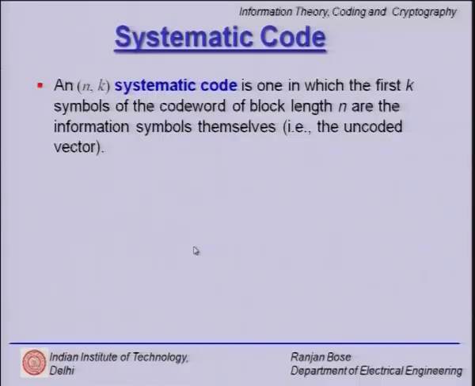Now, we go back to our systematic code, and we have already seen that an n comma k systematic code is one in which the first k symbols of the code word of block length n are the information symbols themselves.